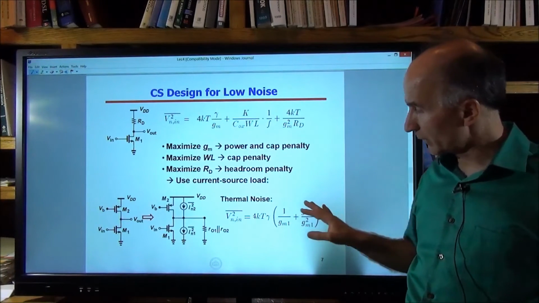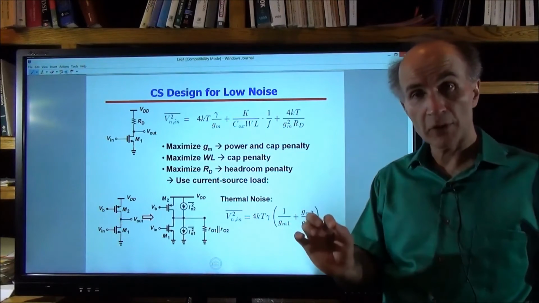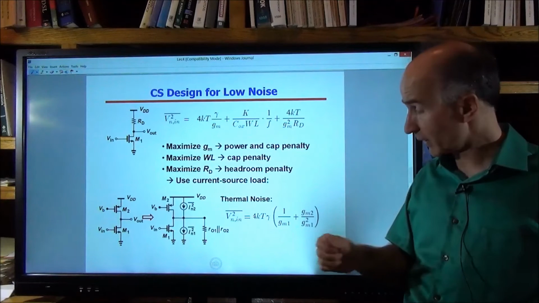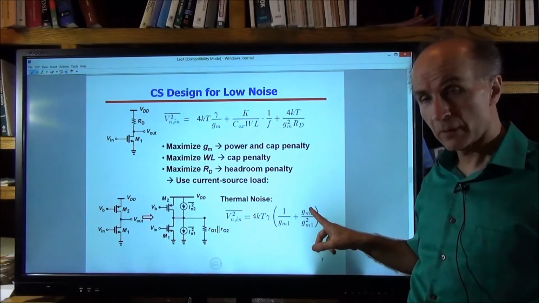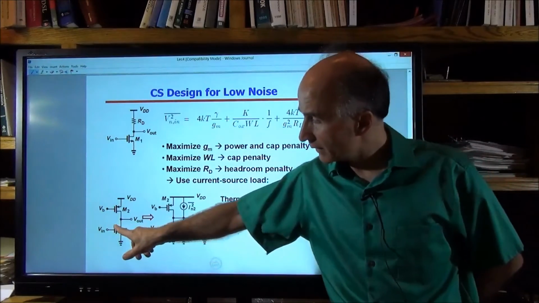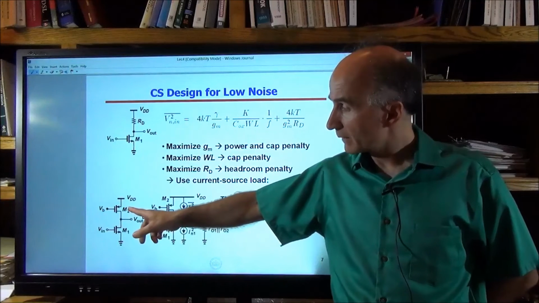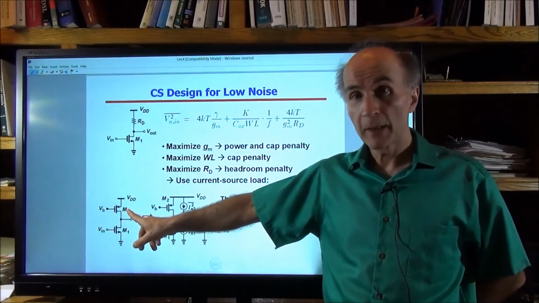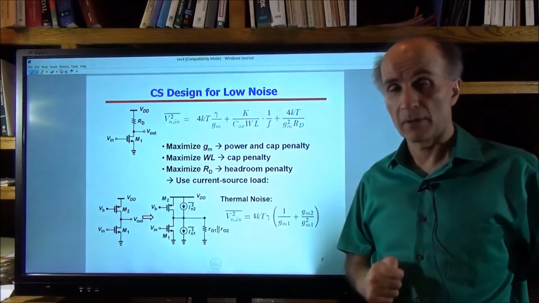Okay, so this circuit and this result tell us that to improve the noise performance, we have to maximize gm1 and/or minimize gm2. So this device needs to have a high gm, maybe a wider device, a smaller overdrive. This device needs to have a low gm, so maybe a larger overdrive if we can accommodate it in the supply voltage.